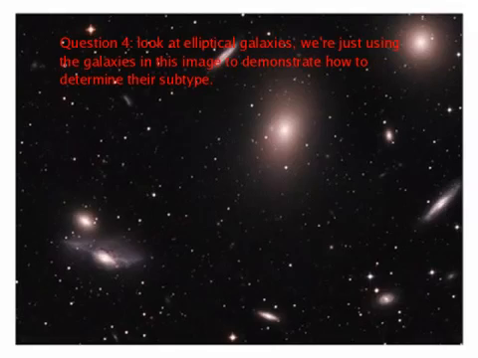So in order to determine their subtype, you need 2 measurements because you want to figure out some sort of ratio for how squished the elliptical galaxy appears. If it's circular, then no matter where you measure it, it will all have the same diameter.